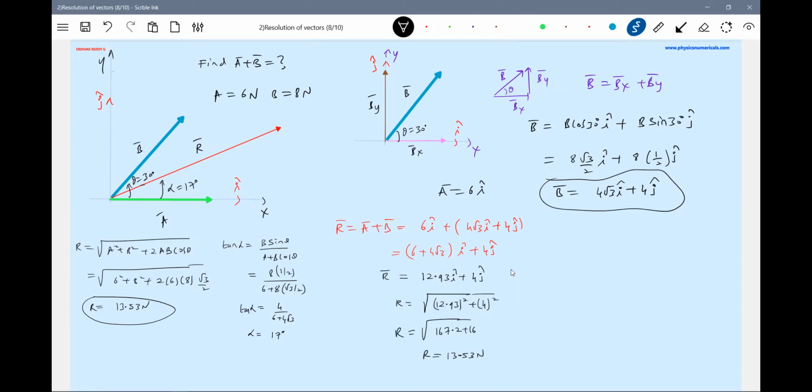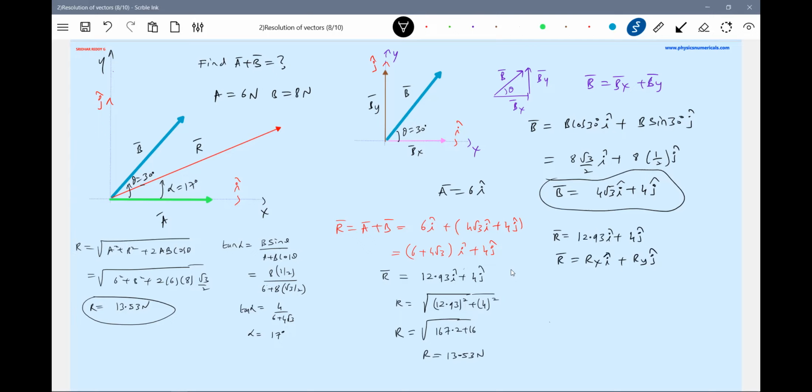Look at this vector R bar. This R bar, you can write it with this component, which you call the X component, and this the Y component.